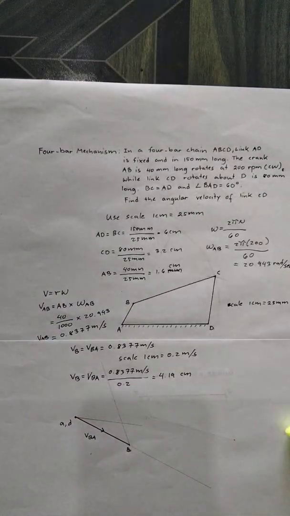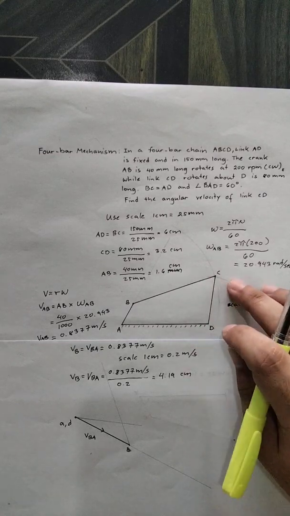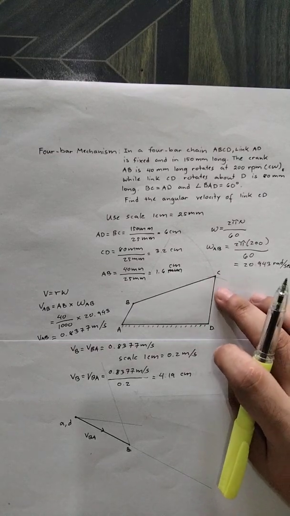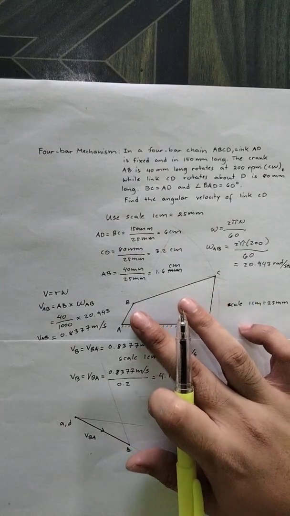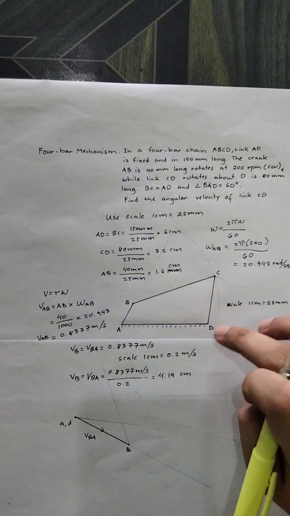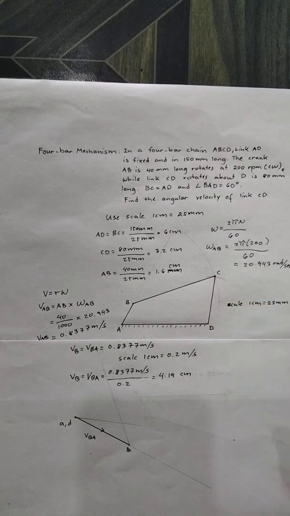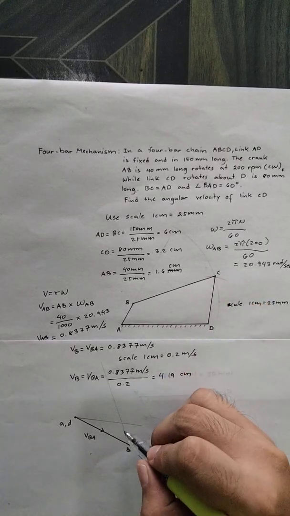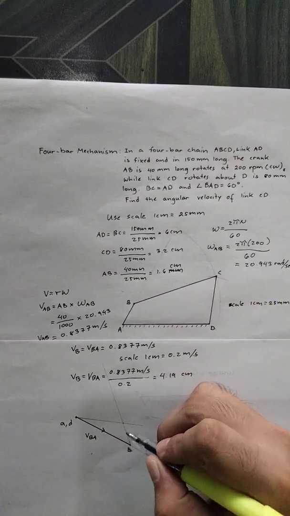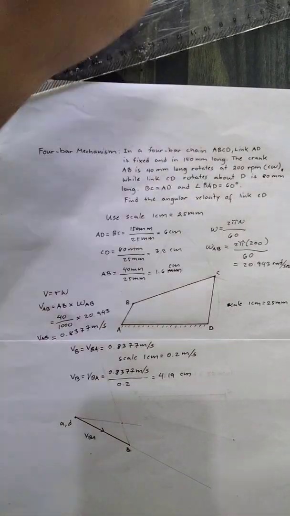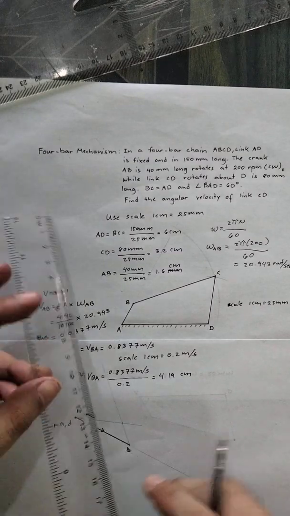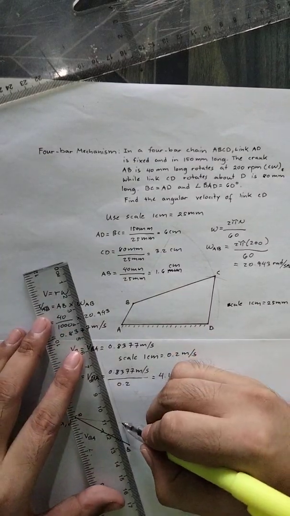Okay, so now if you have this, you just need to find the intersection. Okay, again the same as the drawing when we drew the space diagram. The intersection of the link BC and DC is the location of point C. So from here, this is now the location of point C. So you just need to connect this point here.